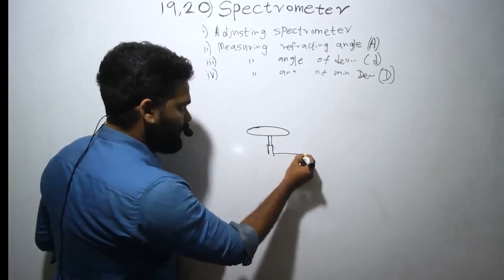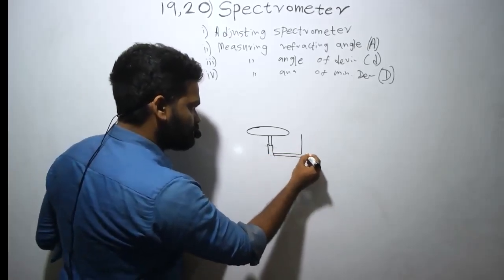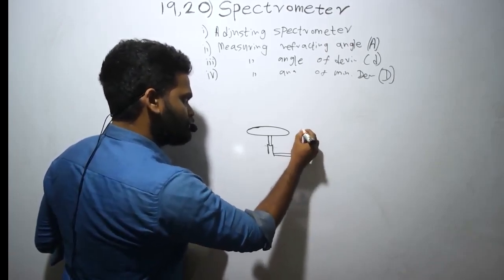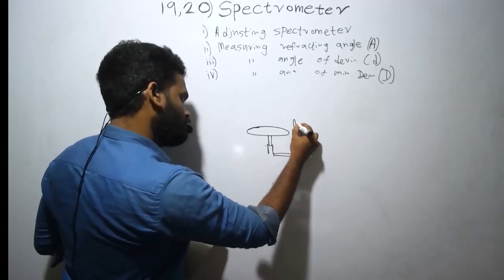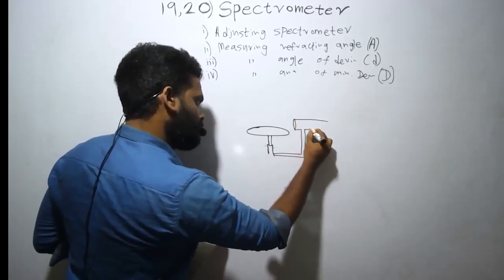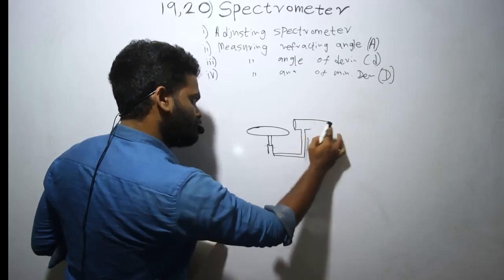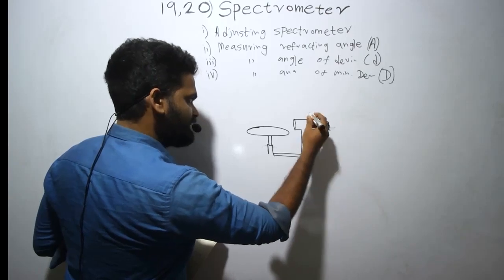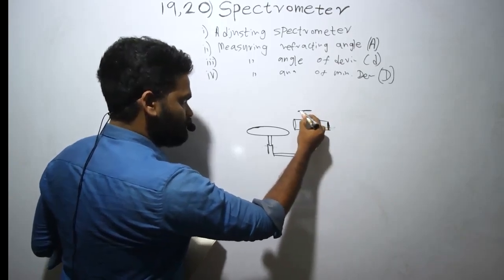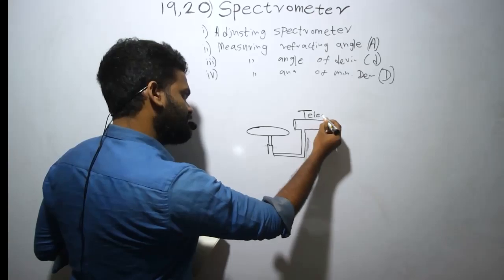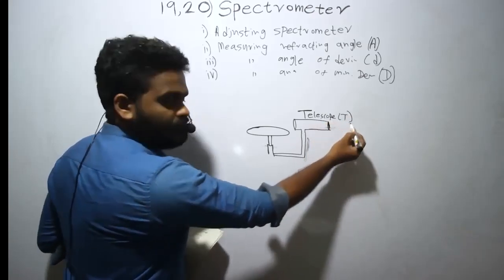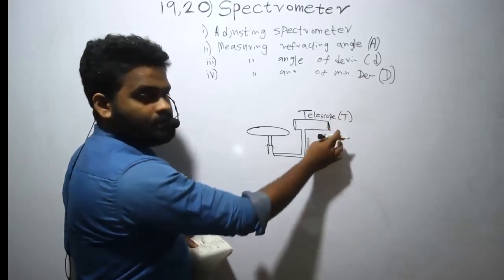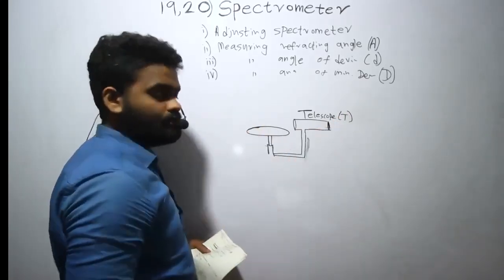Then from this side, you have a telescope attached. It is a usual telescope, I think you have learned telescope. We can name it capital T. Just a telescope, which has an eyepiece and an objective piece.